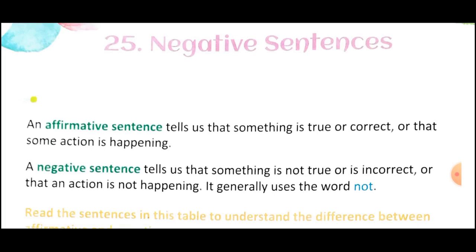If it is a declarative sentence, you have to put a full stop at the end. Next is the interrogative sentence. It begins with a helping verb or WH word, and then continues with subject, verb, object, other words, and at the end, as this is a question, you have to put a question mark.